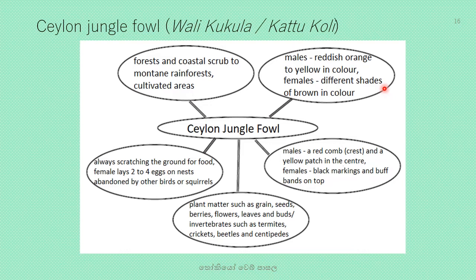I searched this on the internet and got this information. Males have a reddish, that means some color related to red, reddish orange to yellow in color, whereas females are different shades of brown in color.